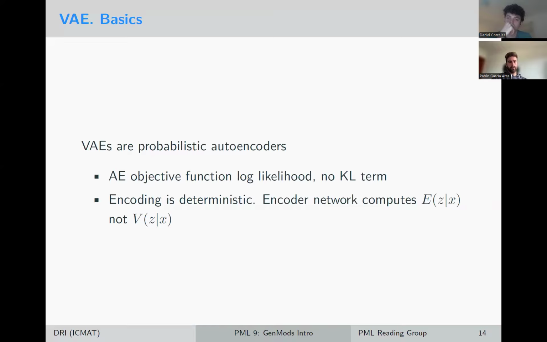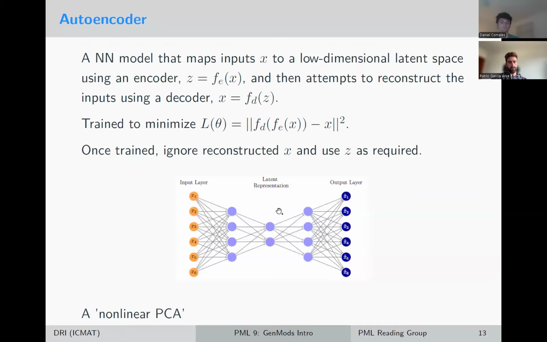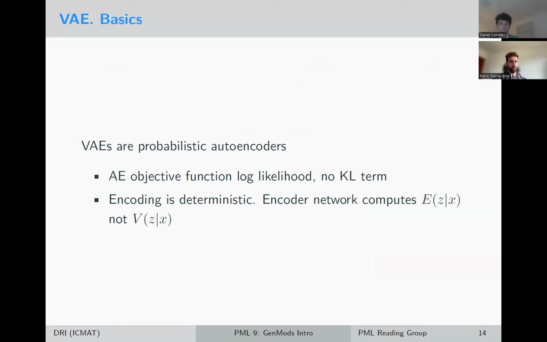Also, in an autoencoder the encoding is deterministic, whereas in the VAE it's probabilistic.